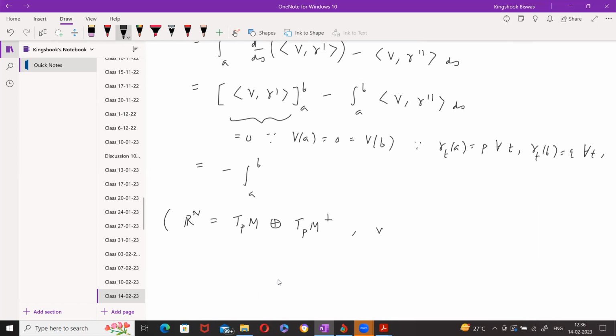And any vector V I can write as a tangential component plus a normal component. Okay, where the tangential component belongs to TPM and the normal component belongs to TPM perp. Okay, so now if the vector V belongs to TPM, then the inner product with gamma double prime is just going to be the inner product with the tangential component, right? Because the inner product with the normal component will vanish. Is that clear?